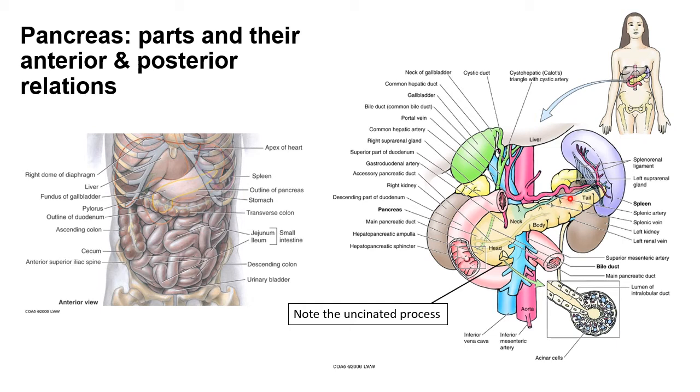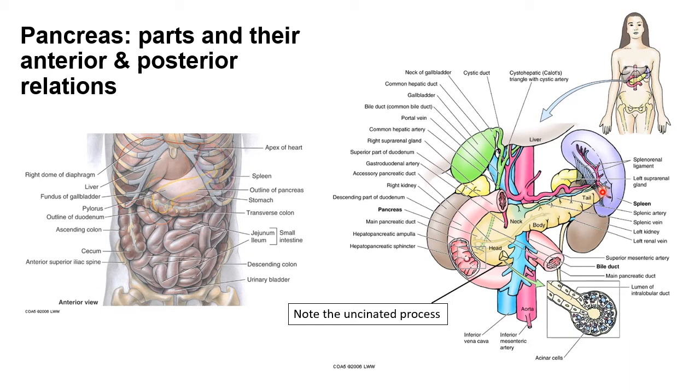And if you move more laterally, now you will see the left kidney, posterior to the body of the pancreas. And if you reach the tail, it is found in the lienorenal or splenorenal ligament towards the hilum of the spleen.